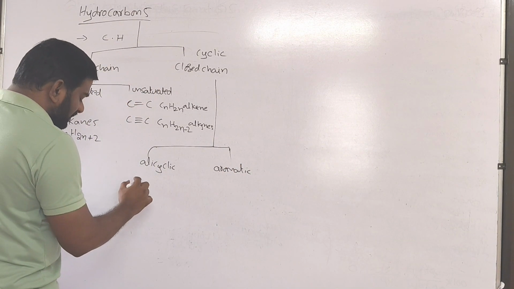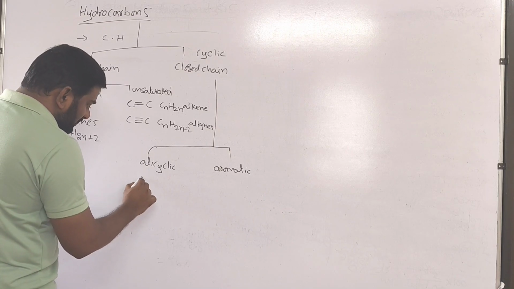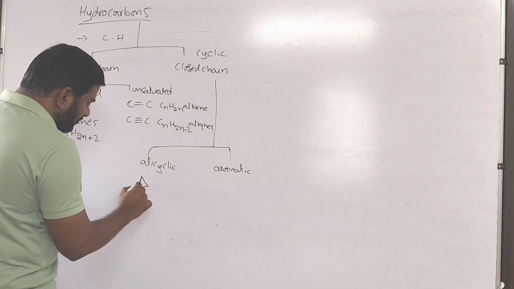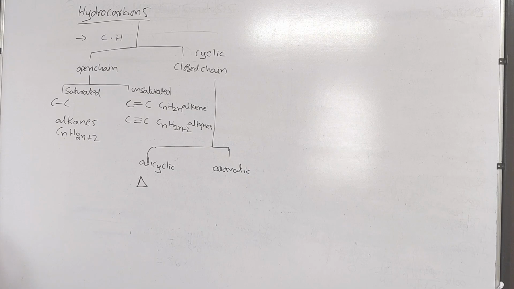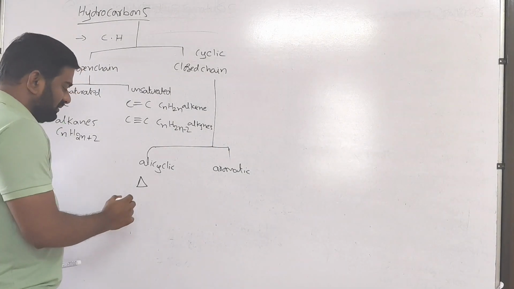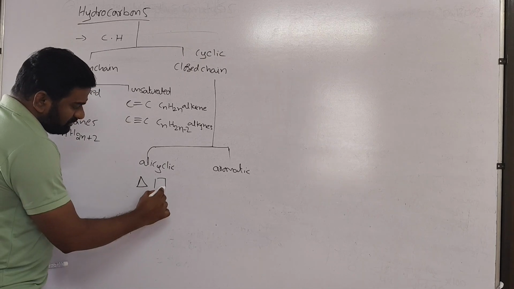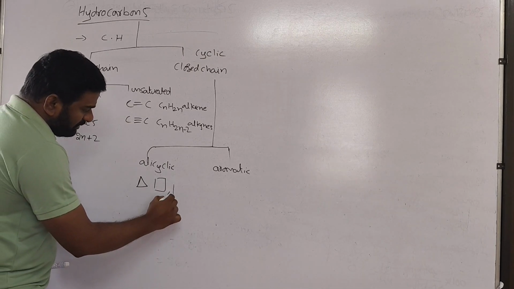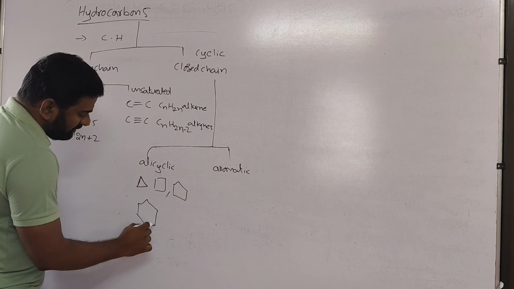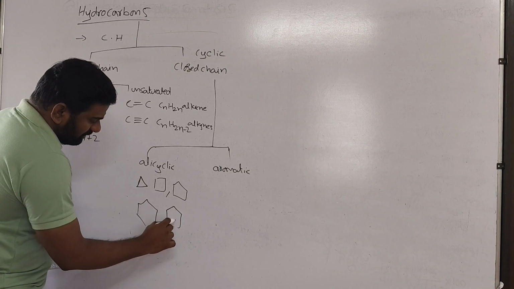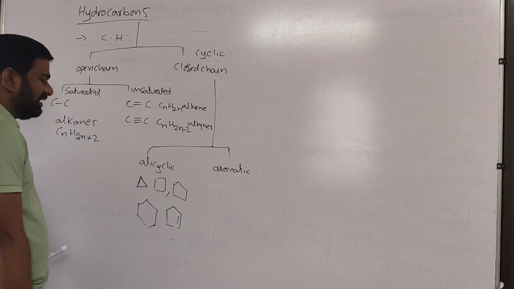Alicyclic means single bond: cyclopropane, cyclobutane, cyclopentane, cyclohexane, cyclopentene. These are alicyclic.